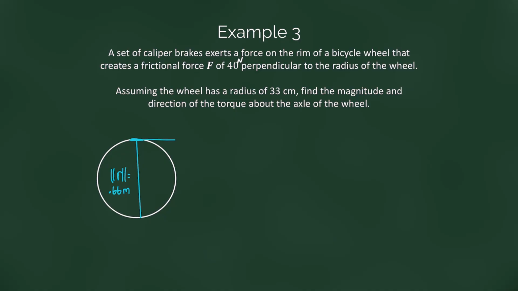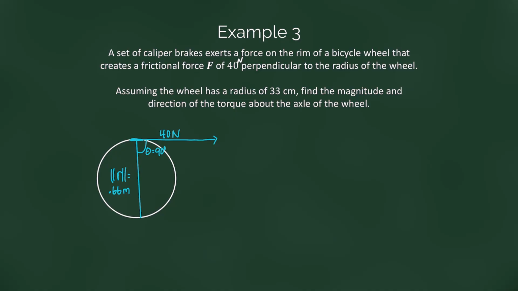And then our force, the frictional force, is acting on the rim of the bicycle here. We have 40 newtons as the magnitude of that force. And it's perpendicular, so the angle between these guys is 90 degrees, or pi over 2 radians if you choose that.